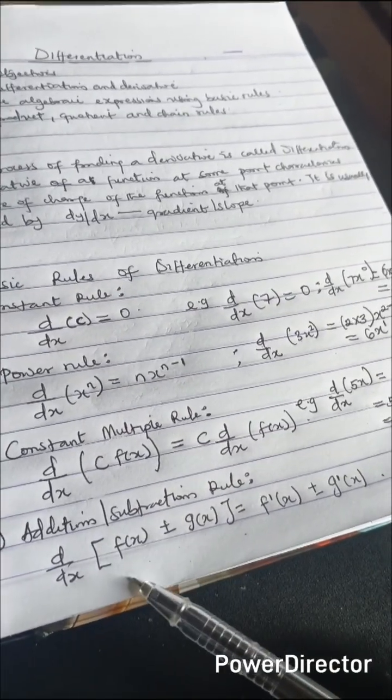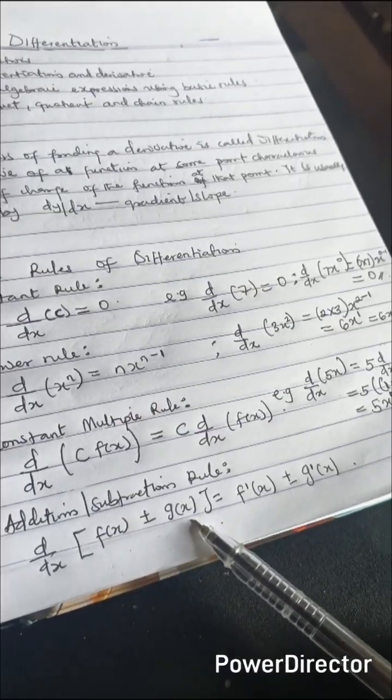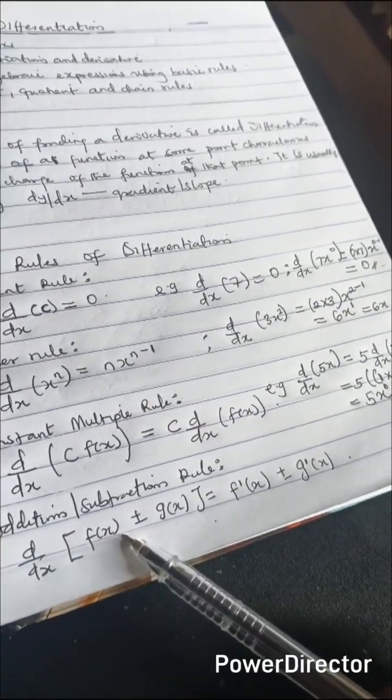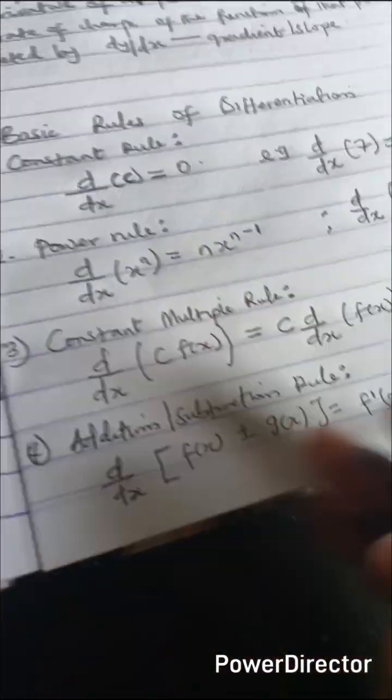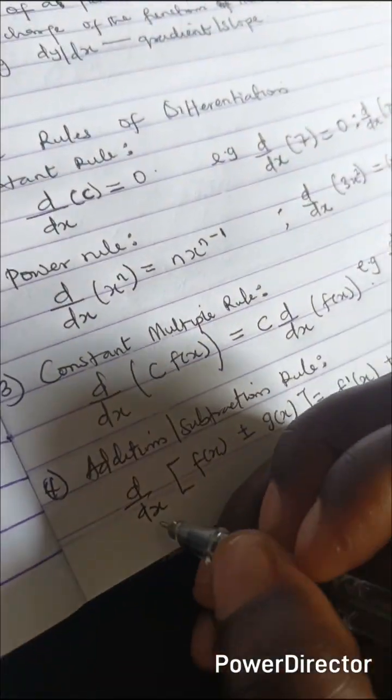Now, let me give you an instance of what I'm saying. This is a function of x. G of x is also a function of x. So let's say for f of x now, I want to find the derivative of, let me manage this space before. Okay. In fact, let me open a new page.